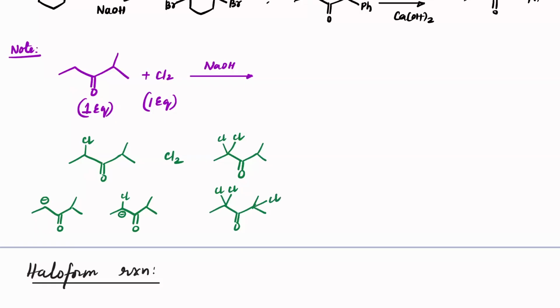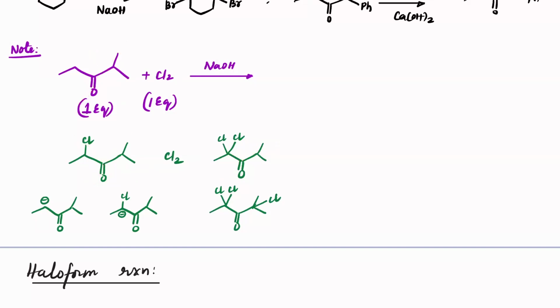So have you noticed something? That means after the first chlorine is substituted, we do not have any role for this one. Now the role is only about this one. After two chlorines, the third chlorine will be based on this one, and we do not have any role for these two.